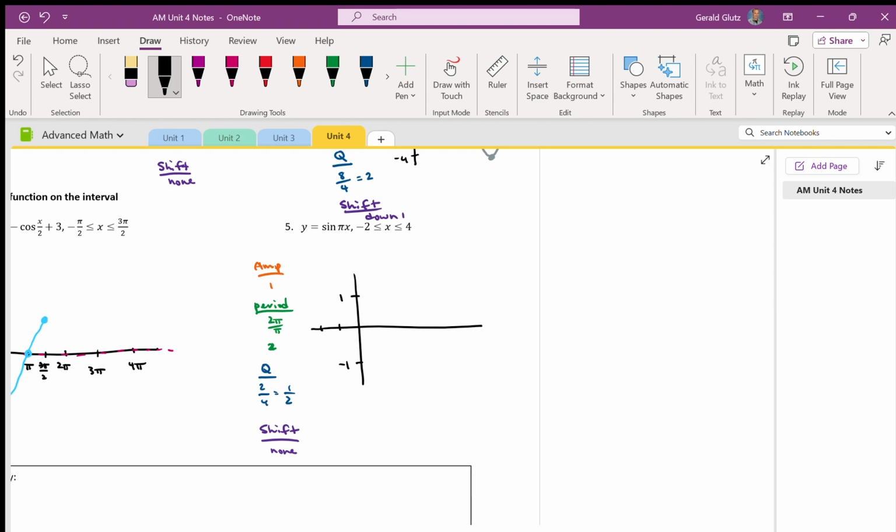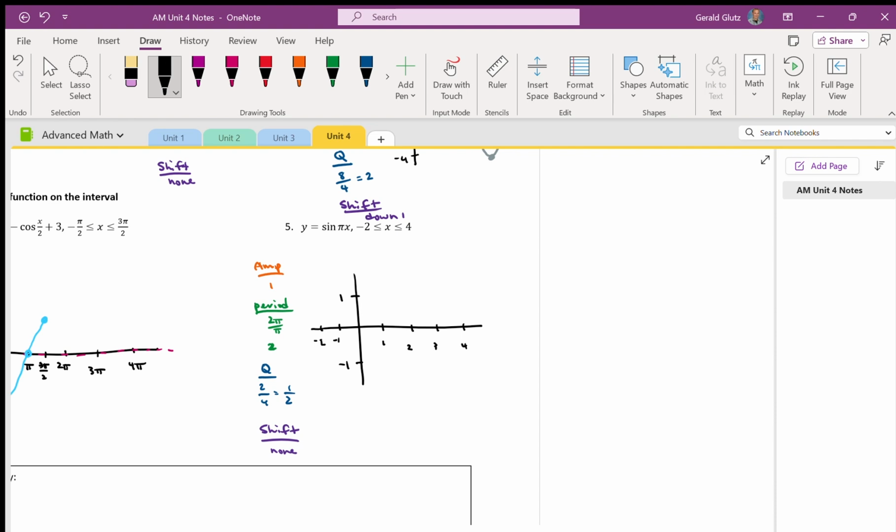Quarter sections are 1/2. I need to go from -2 to 4. So I'm going to call this -1, -2, 1, 2, 3, 4, just because that's how far I need to go. But then the quarter sections are 1/2.